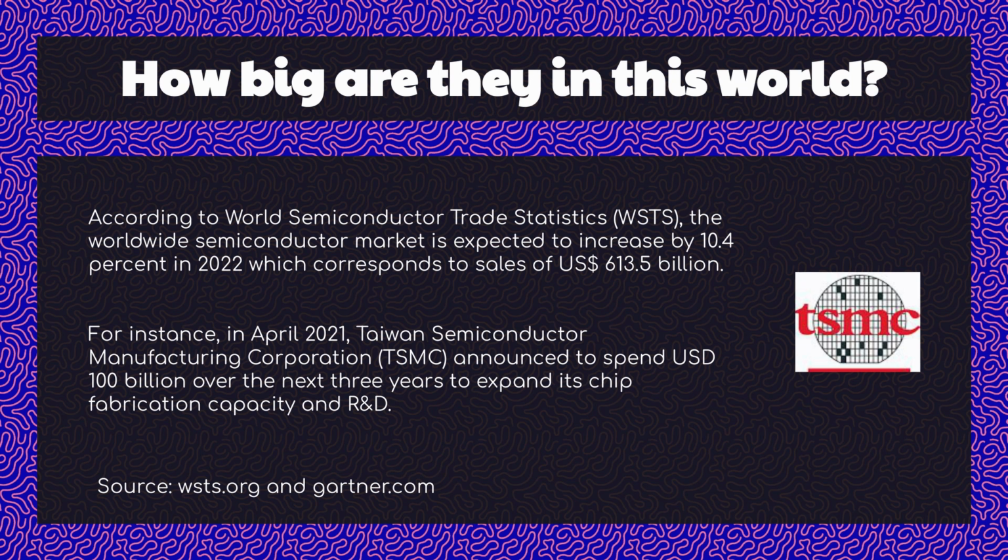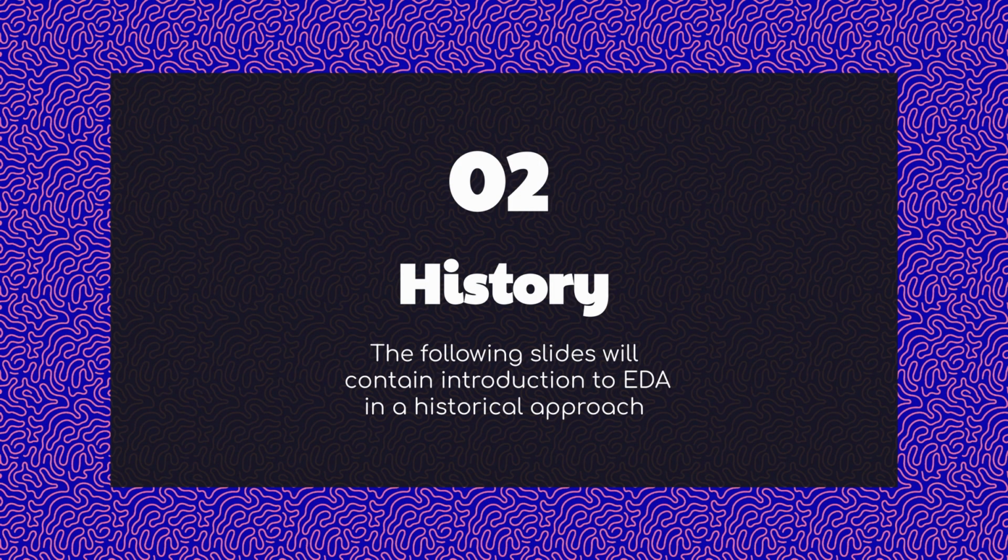An example of news that came out in 2021 is that TSMC, which is one of the famous semiconductor manufacturing companies, announced it will spend $100 billion over the next 3 years to expand its chip fabrication facilities and R&D.